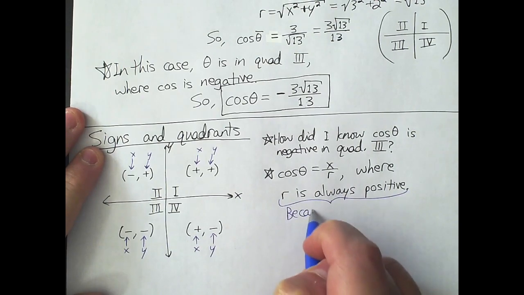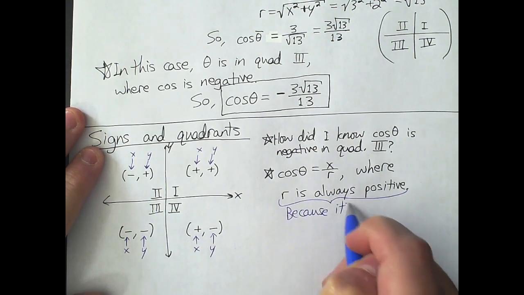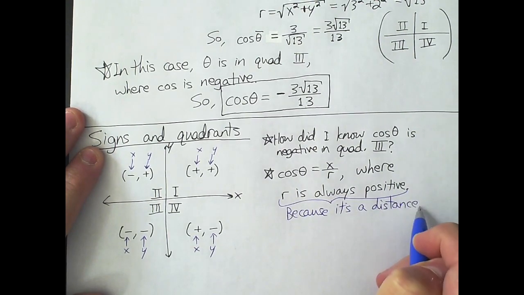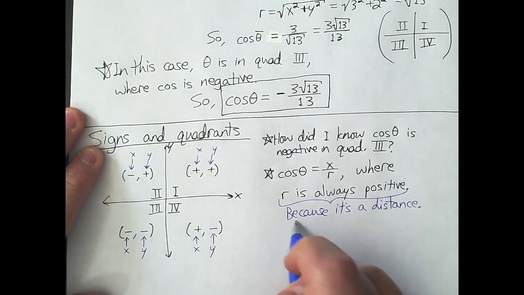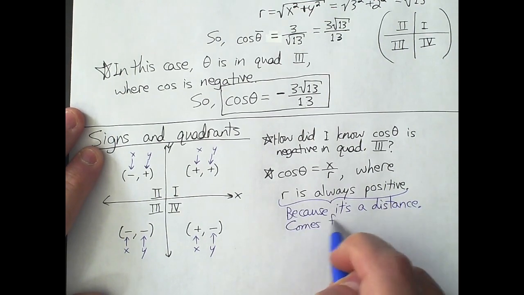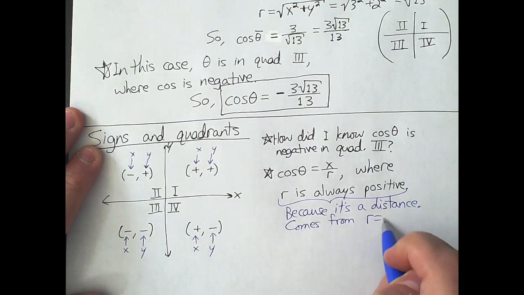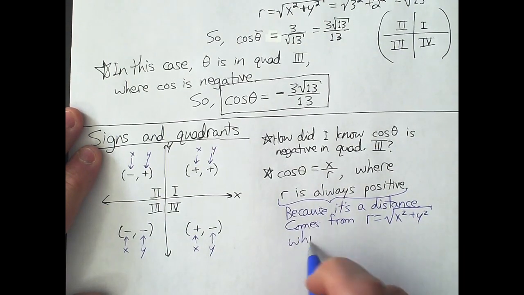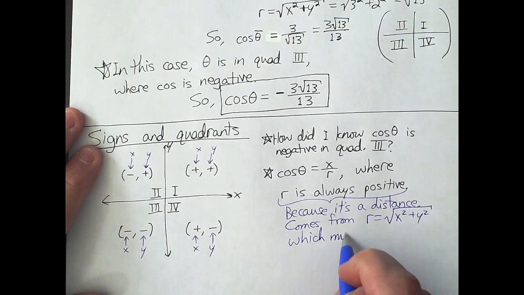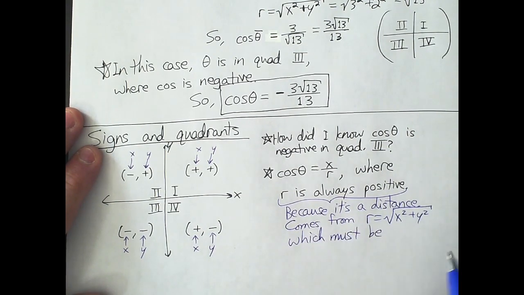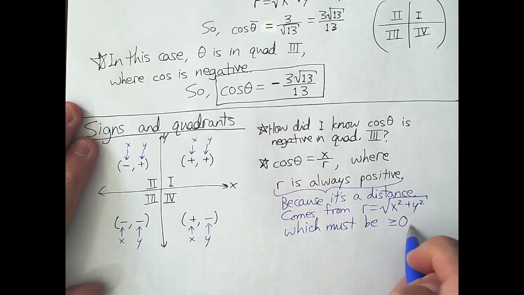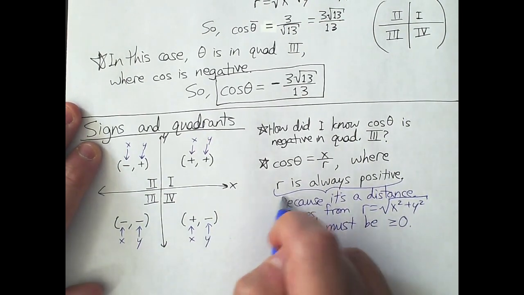Because it's a distance, and it comes from this formula, which must be greater than or equal to 0.